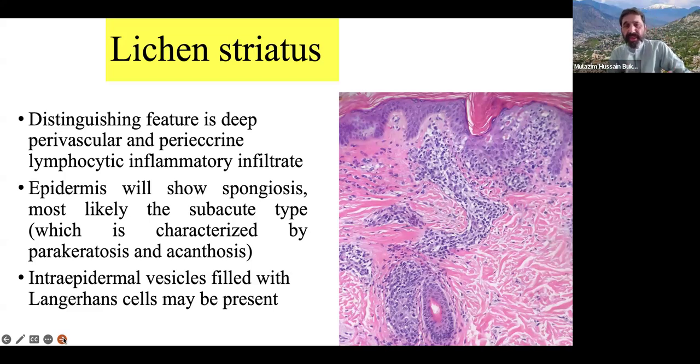You see some other cells, not only lymphocytes. What are the other cells? They can be epithelioid cells, histiocytes, or macrophages. So these 3-4 points can differentiate granuloma and lichen striatus.